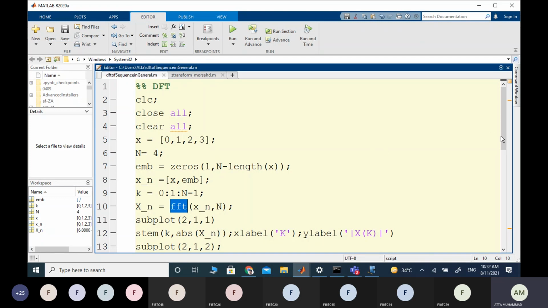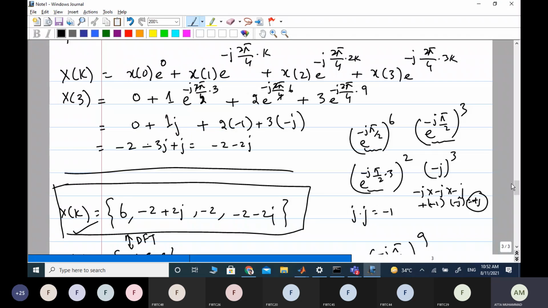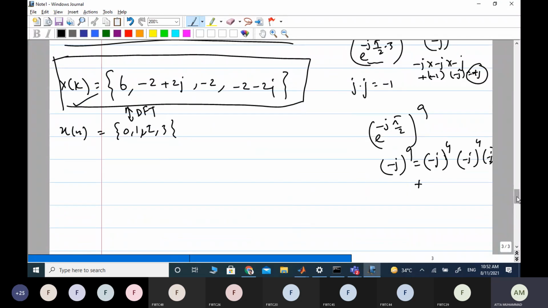Okay, so initially, if you remember, I said that if we have a signal x of n, and if we compute its DFT, then we get x of k. But we also said that these operations are interchangeable.